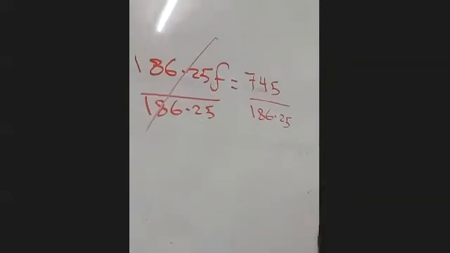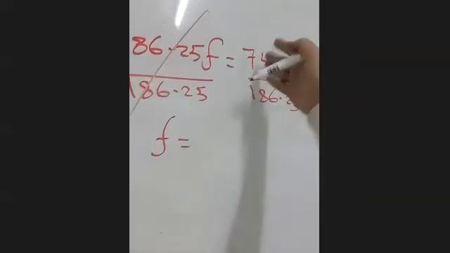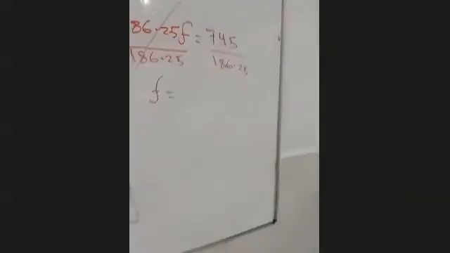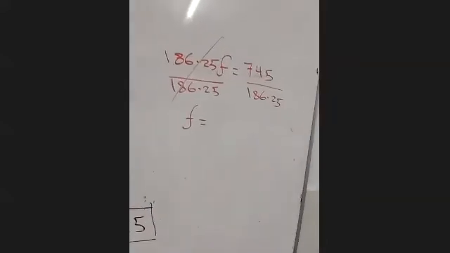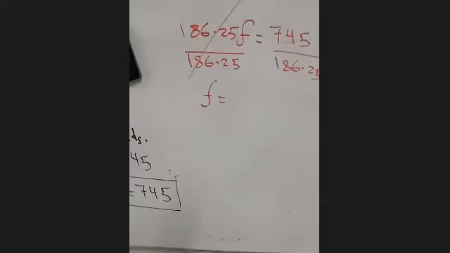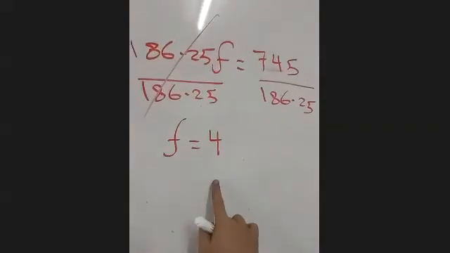F is left alone. If you divide these two numbers, I will check. 745 divided by 186.25. The answer will be 4. Exactly 4.